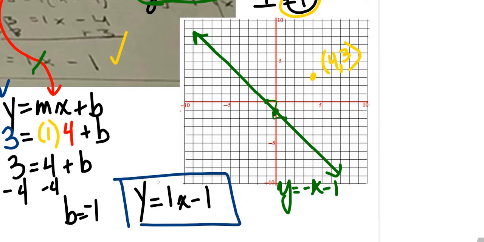So we're going to start at -1. And it's positive, up 1 over 1, down 1 over 1. And you can see that, yes, we're going through that desired point, and it is perpendicular.